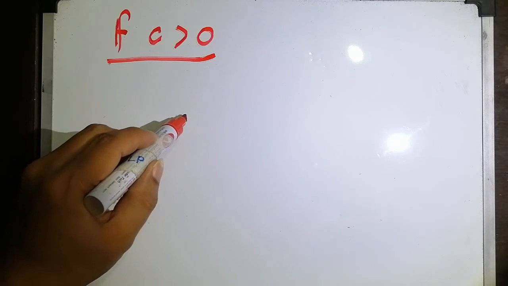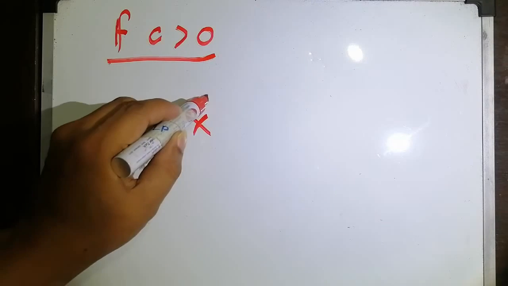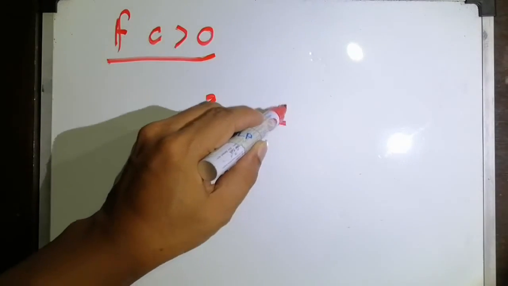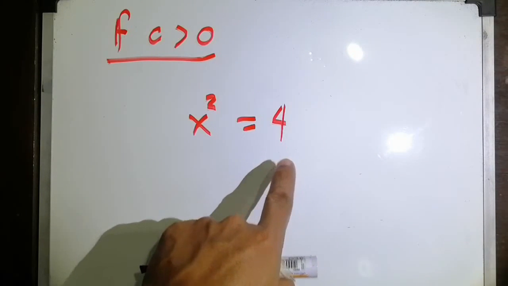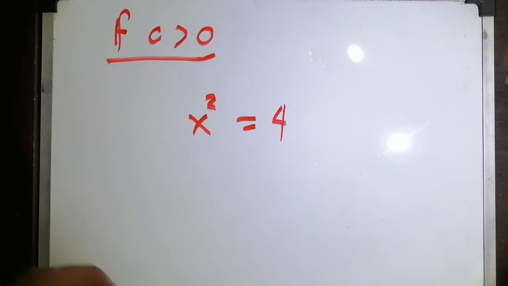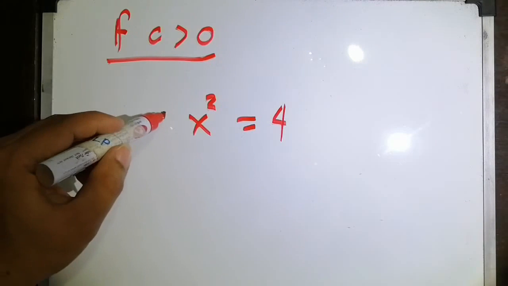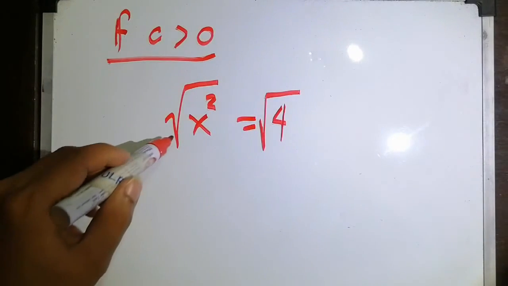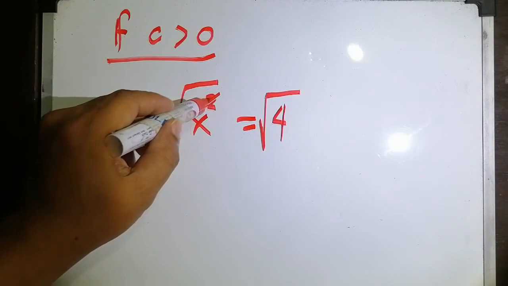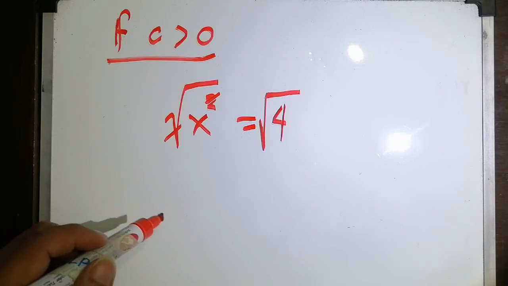So number 1, if we have x squared is equal to 4, so our C is greater than 0, so it means that we have 2 solutions. So applying the square root, we're going to take the root of both sides to cancel the square.